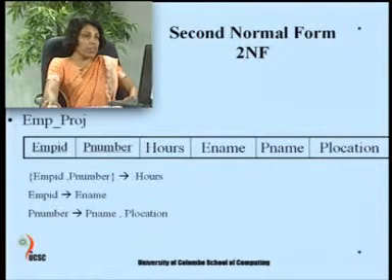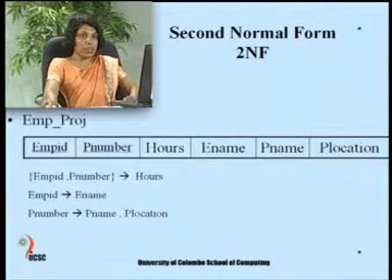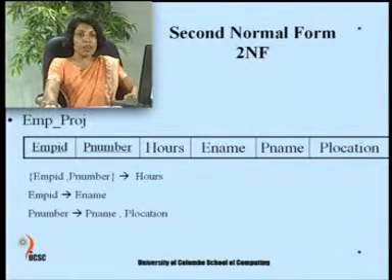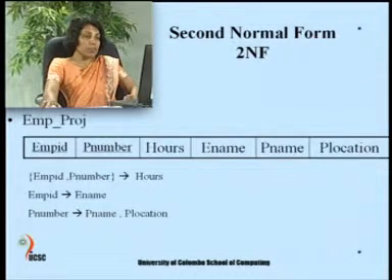Now let's have a look at this example. We have this relation called employee project. Employee project has a set of attributes: employee ID, project number, hours, employee name, project name and project location. The functional dependencies have been given below. They say that employee ID and project number are the determinant of hours.